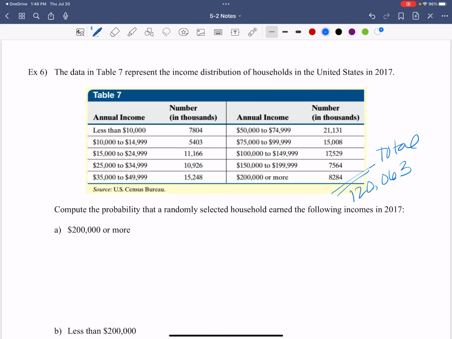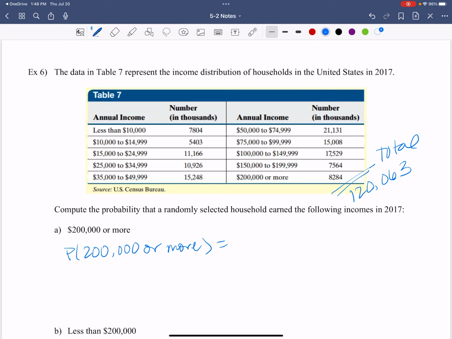Now, we want to compute the probability that a randomly selected household earns the following incomes: 200,000 or more. There it is, 200,000 or more. The probability of 200,000 or more. We have that data right from our information.